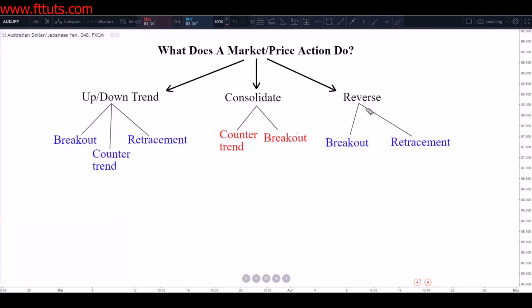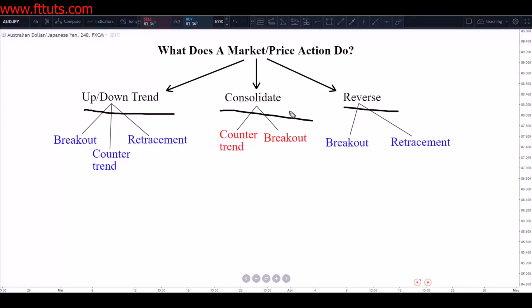Now in today's video, we're going to be talking about each of these conditions. We're going to be defining the rules for each of these conditions, and we're also going to take a look at how we can trade based on these conditions. So breaking it down again into really simple form, we have three different conditions the market can be in. We have trending, up or down, consolidating, moving sideways, or reversing, putting us into a position to capture a reversal.